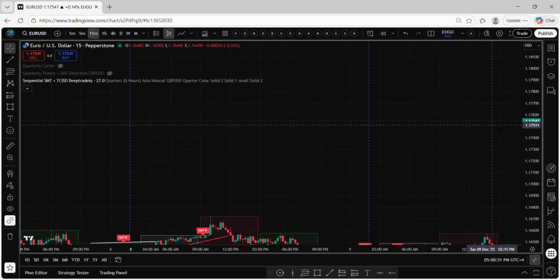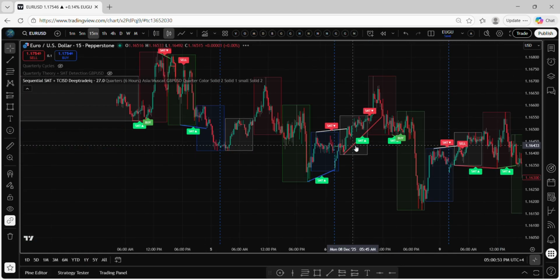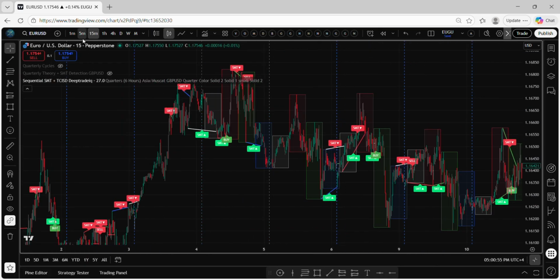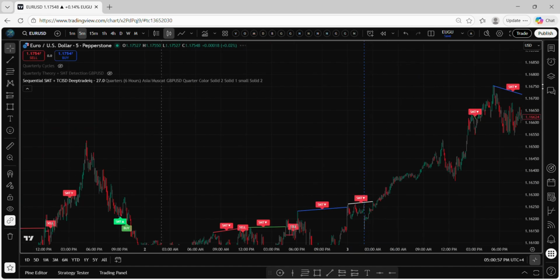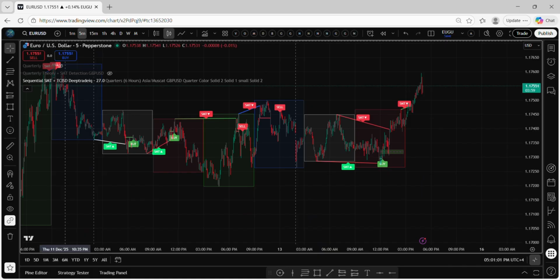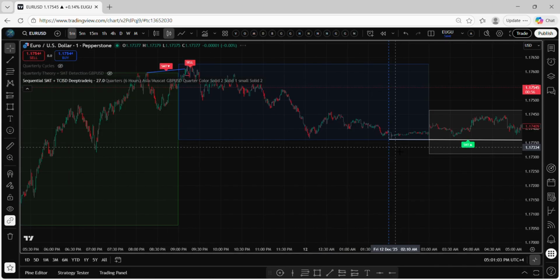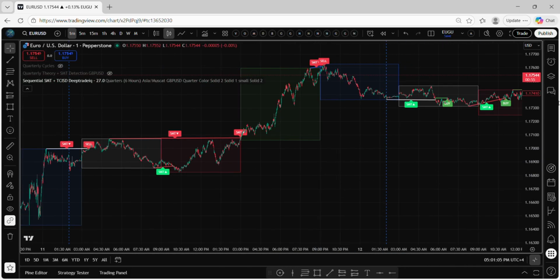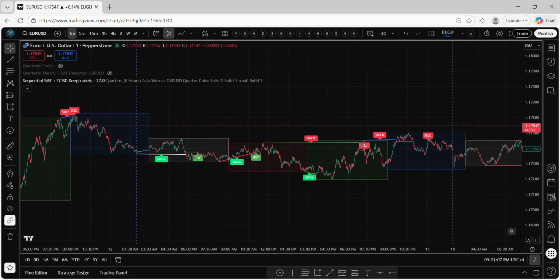This should be M15 maximum, M15 or lower than M15. M5 you can take, okay. M1 for better risk and reward ratio you can take.